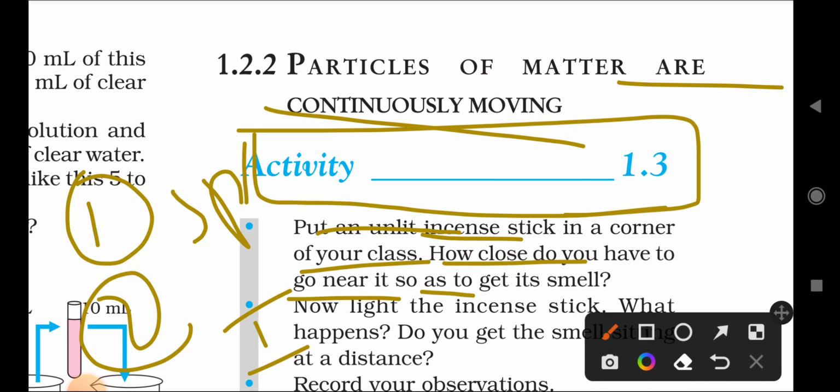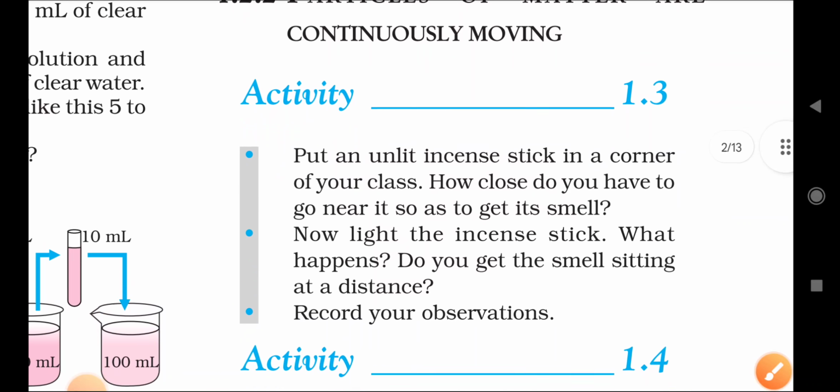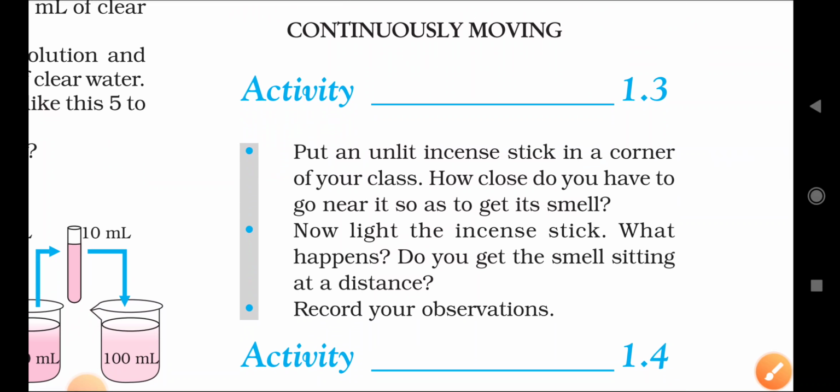How far can you go, or how near do you have to be to the incense stick, to get the smell? This is the question.